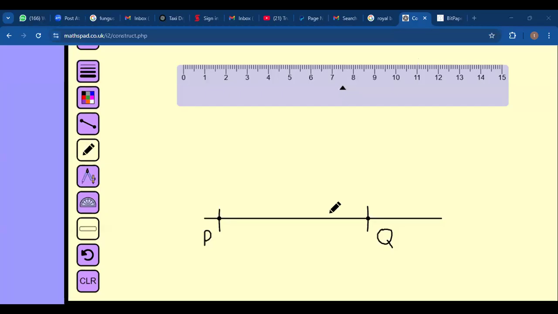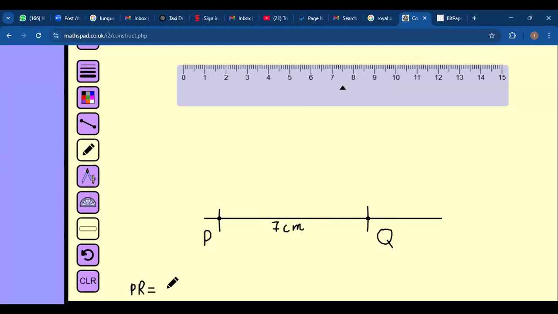Let me go back to the share screen. What is going to be the distance of this line? 7 centimeters, very good. Now, based on the question, PR is going to be equal to how many centimeters?